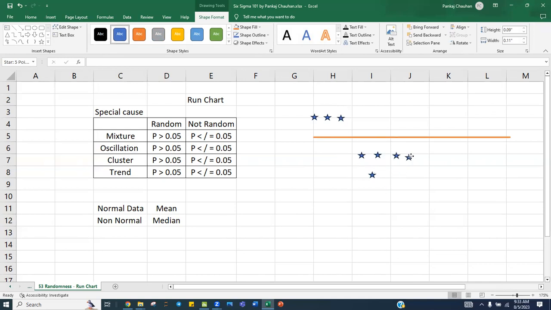And the second person is consistently doing 5 transactions, and the first one is 15 transactions, like this. So you are expecting 10 transactions per person per day, and on average you are meeting 10. So in this case, there is a mixture present in the data.